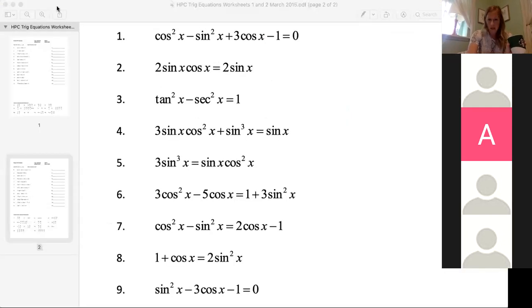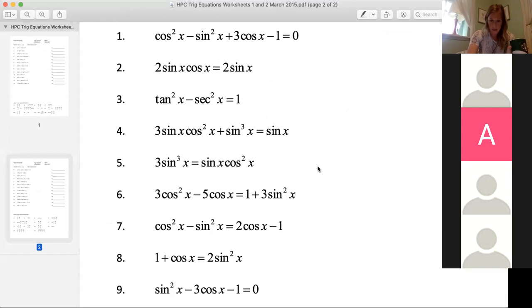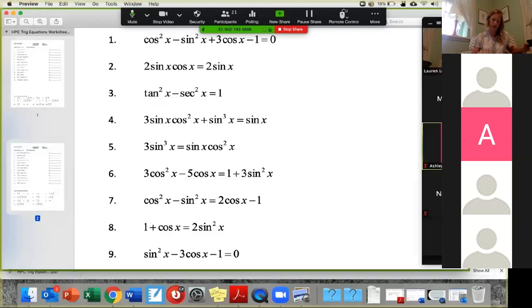Can we do number 4 on that, please? On this page? Okay, this is an interesting one. I would start by moving everything to one side. And you can also kind of play the what doesn't belong card in this one. The only thing that's odd is the cosine squared, which I can replace with 1 minus sine squared.